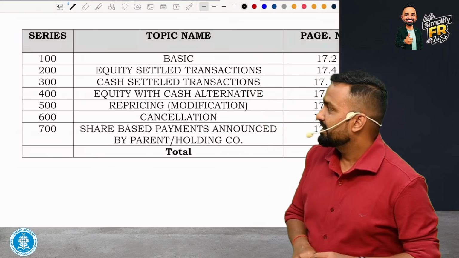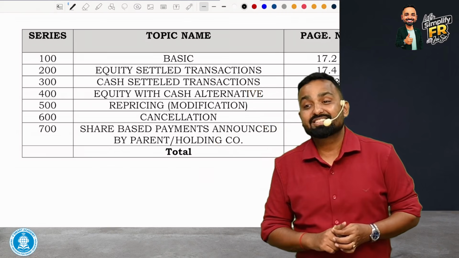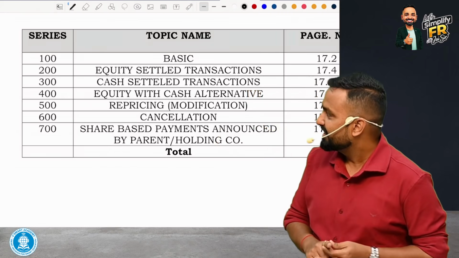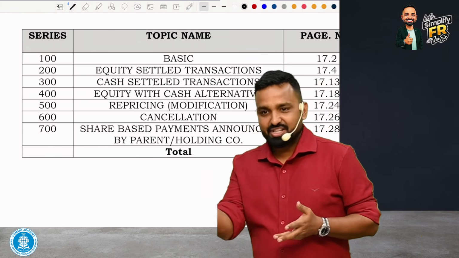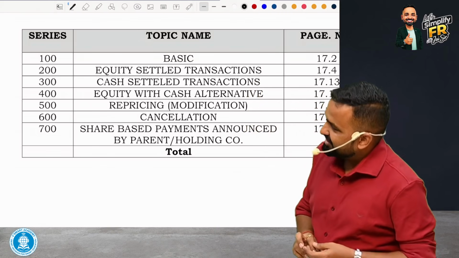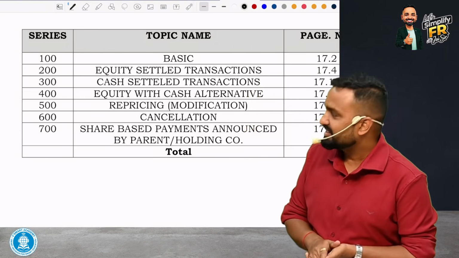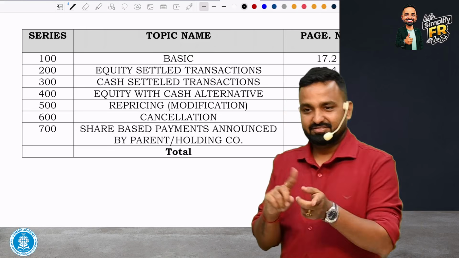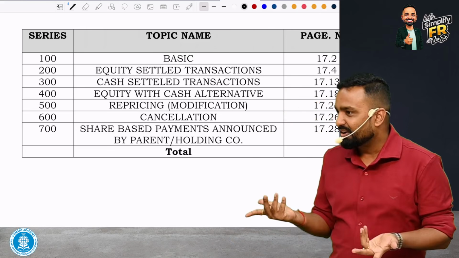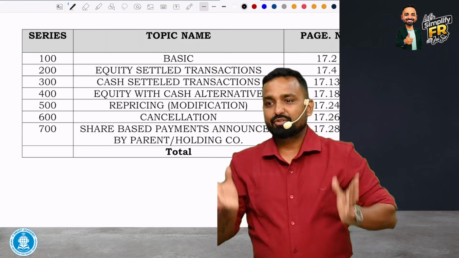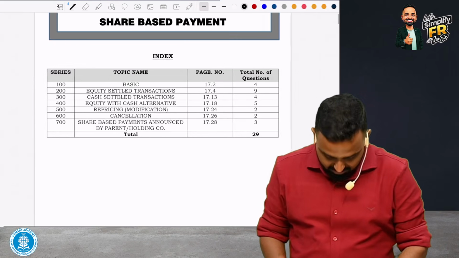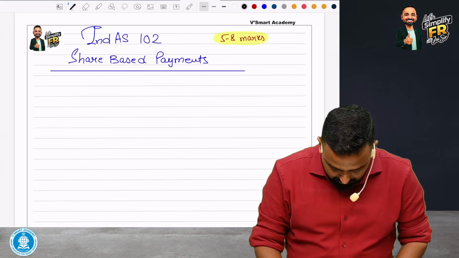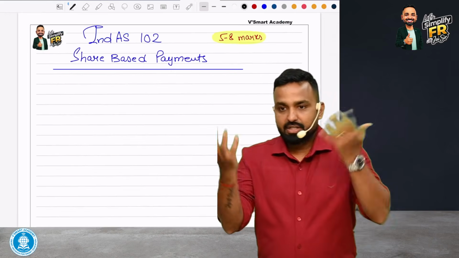Third is cash settled, means SAR. Fourth is understood now. So this is the scope of our chapter. Okay guys, listen to me.